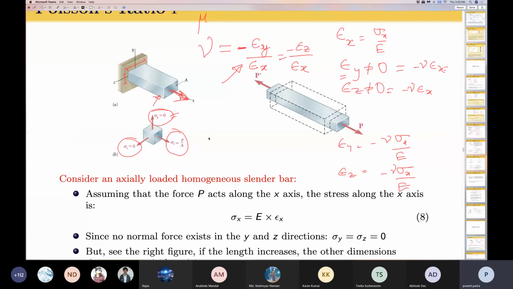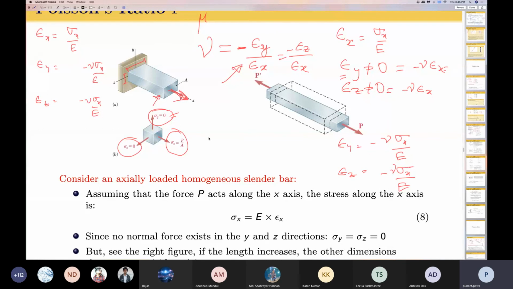In that case, your entire stress strain relationship is going to get modified a little. Our initial stress strain case in the absence of sigma y and sigma z was: epsilon y is equal to minus nu sigma x by E, and epsilon z is equal to minus nu sigma x by E. So this occurs when there is only sigma x and no sigma y and sigma z.